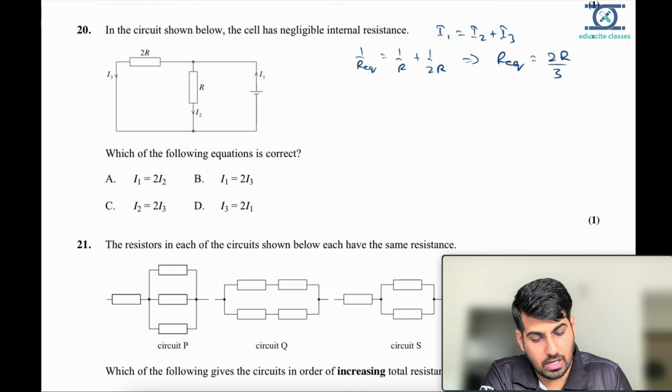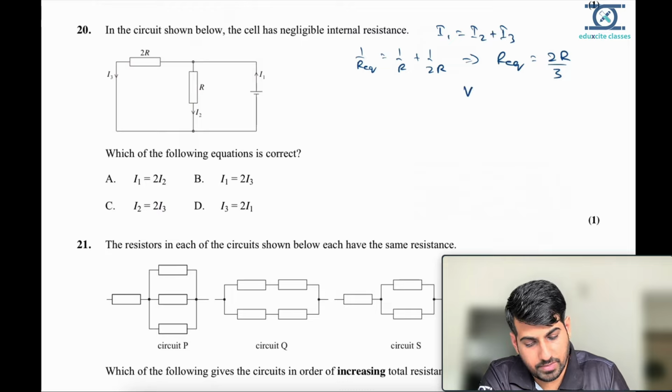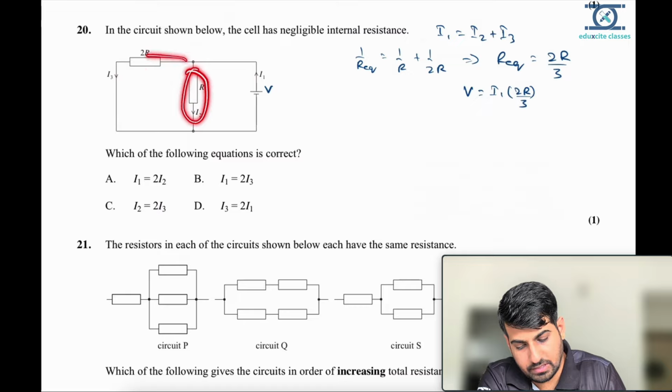Now when 2R by 3 is the equivalent, so what will be the voltage? Let us say this is voltage V. So voltage V will be I1 into 2R by 3. Now I2 will be V by R, because these are in parallel. These two, R and 2R, are in parallel.